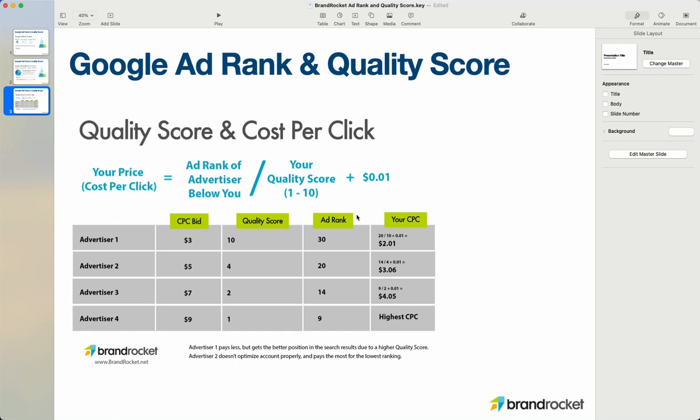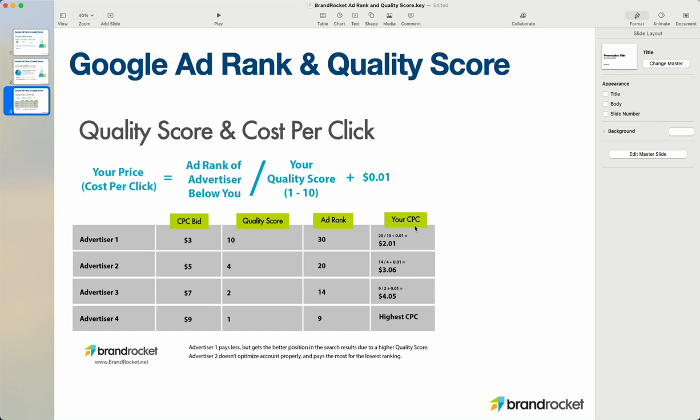So ad rank, and then CPC bid. Using that formula, you can see exactly what happens. We have CPC bid times quality score equals ad rank. So you can see advertiser 1 has ad rank of 30, advertiser 2 has ad rank of 20, etc., all the way down.